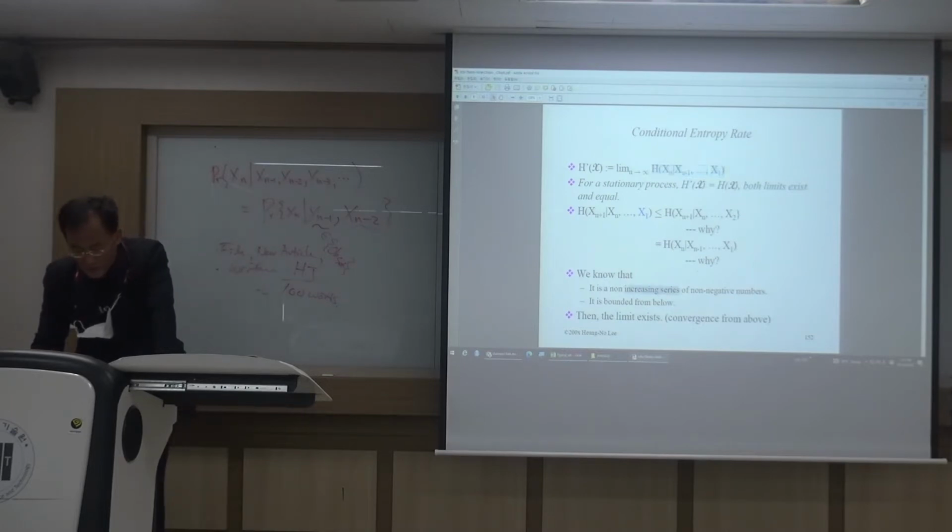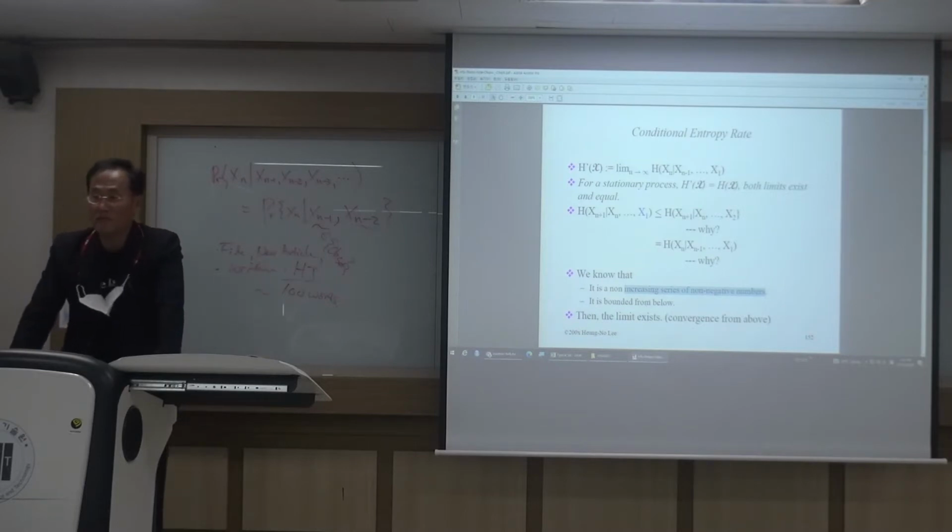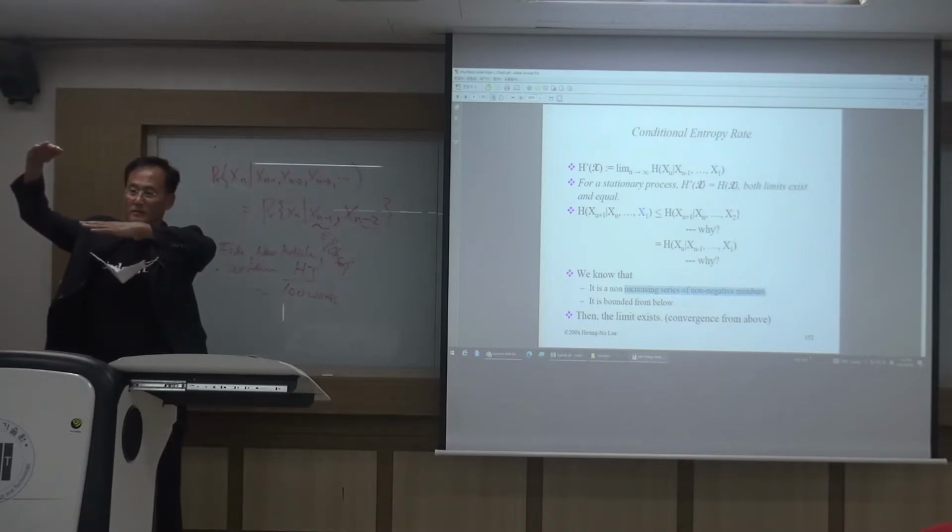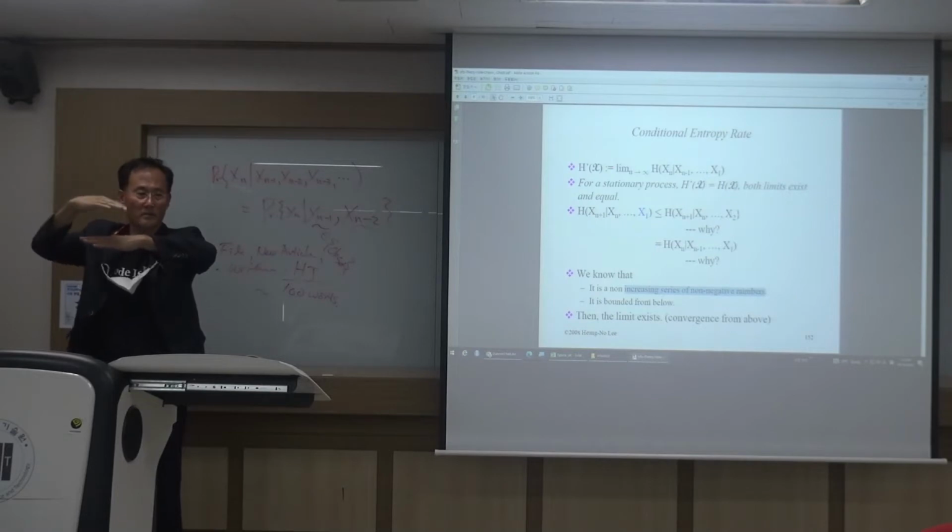So it is a non-increasing series of non-negative numbers, and it is bounded from below. What is that bound? The trivial one: greater than or equal to 0. It is non-increasing, so sometimes it stays, sometimes it gets smaller.